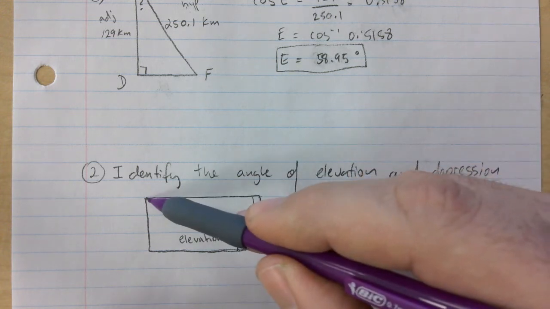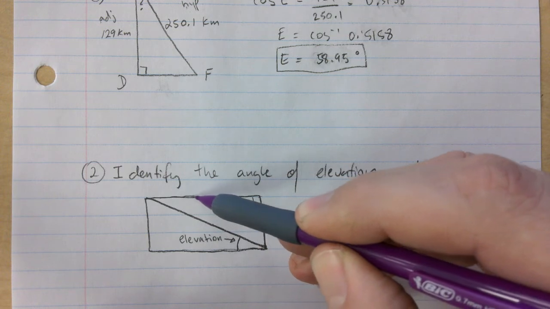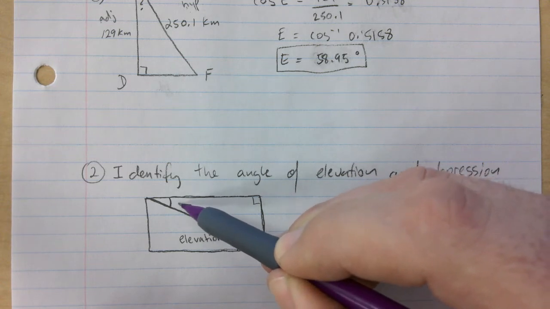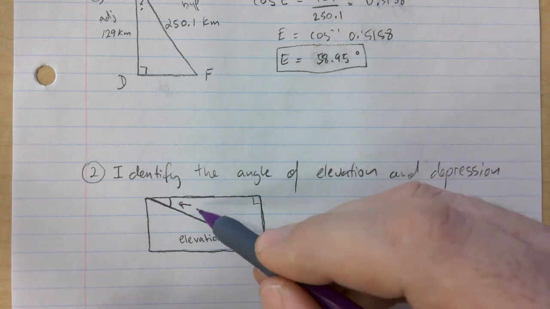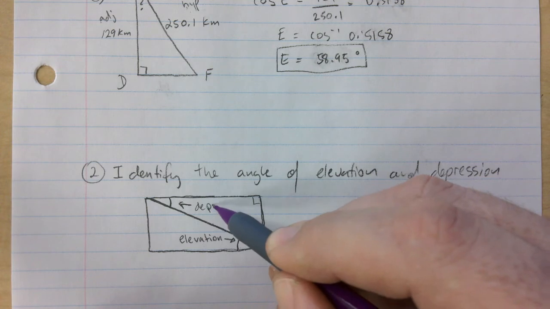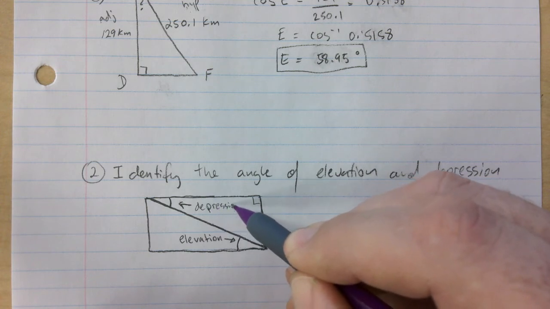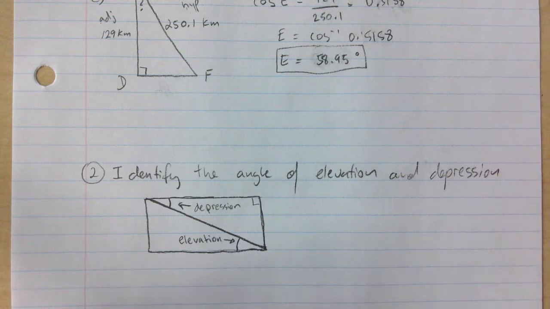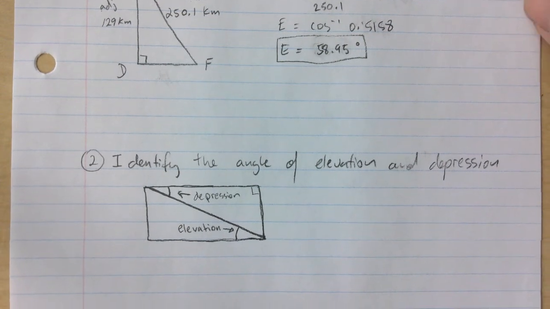The angle of depression is between the horizontal and the line going down. So this over here would be depression. So you need to know that there's a relationship between them, but you need to know exactly where they are in order for you to be successful, especially when you're doing a word problem, right?